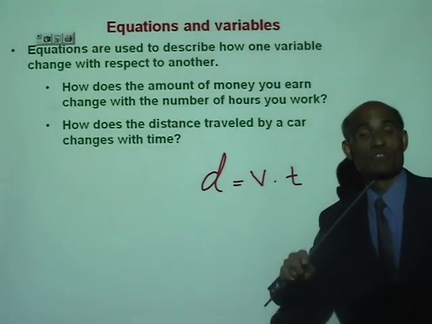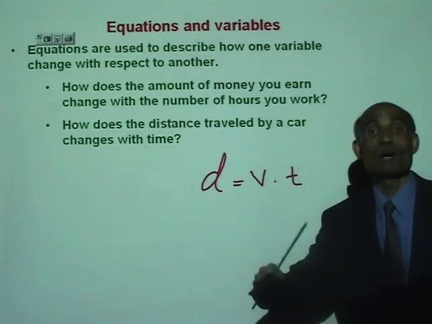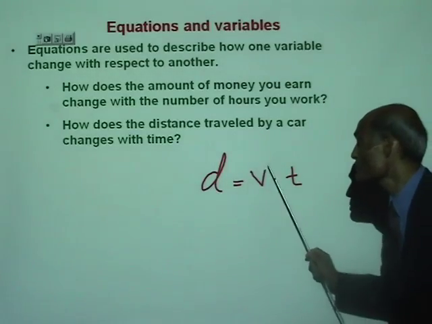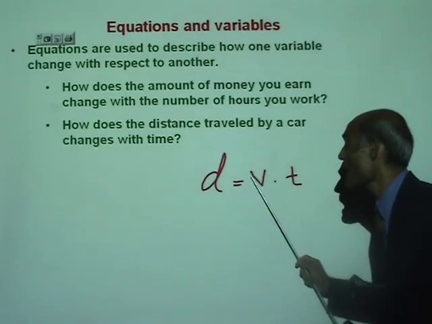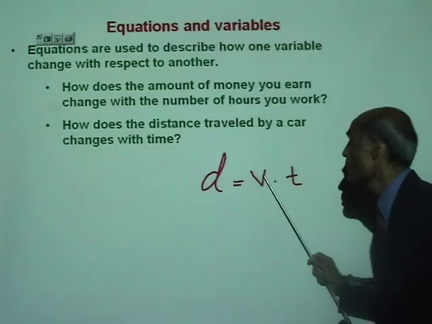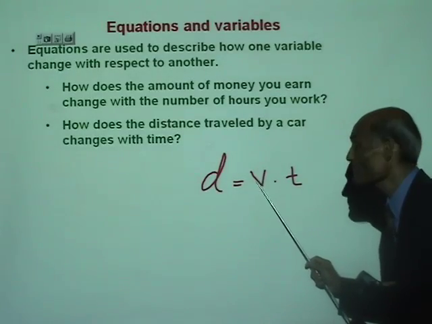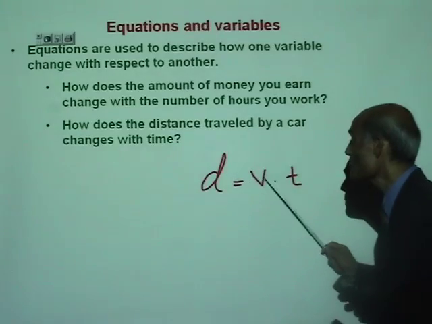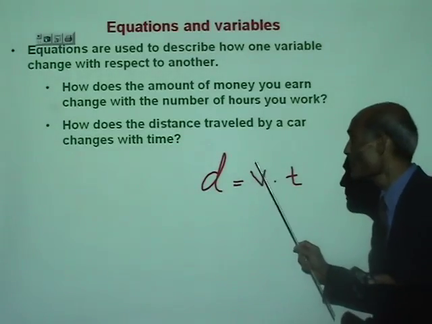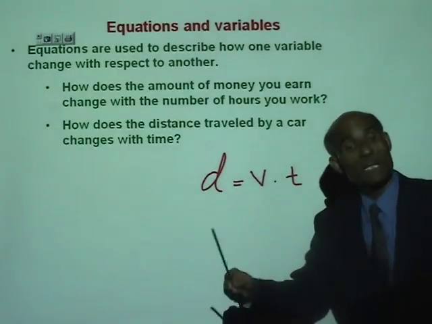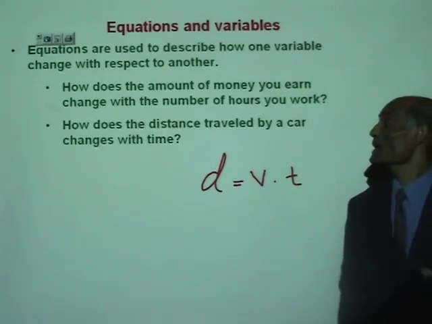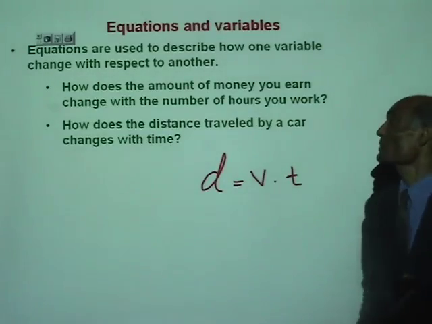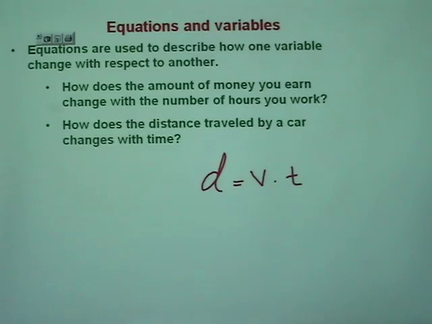You say 15 miles per hour. So, if your speed is 15 miles per hour, the distance you travel in 2 hours will be 15 times 2, 30 miles. So, d equals v times t, where v is the speed, is another equation showing how the distance traveled by a car changes with time.